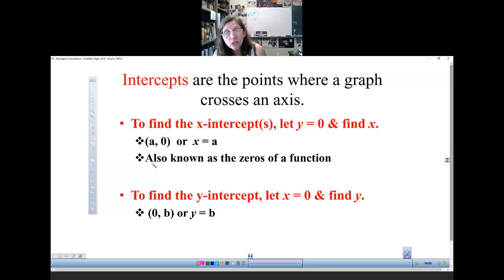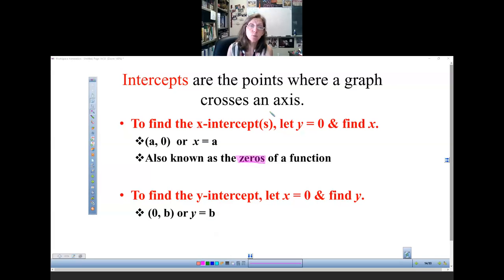The x-intercepts are also called the zeros of a function. And folks, I can't really emphasize that enough. So I need you to pay attention to the fact that if the directions say find the zeros, it's asking you to find the x-intercepts, okay?